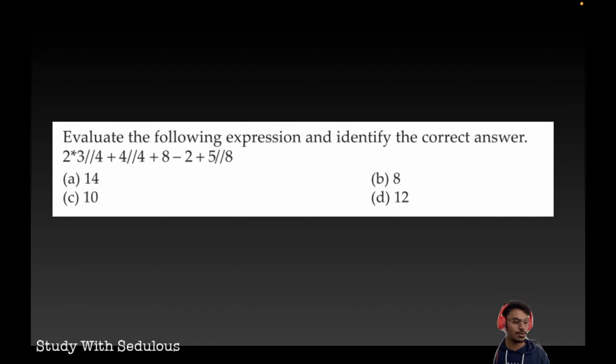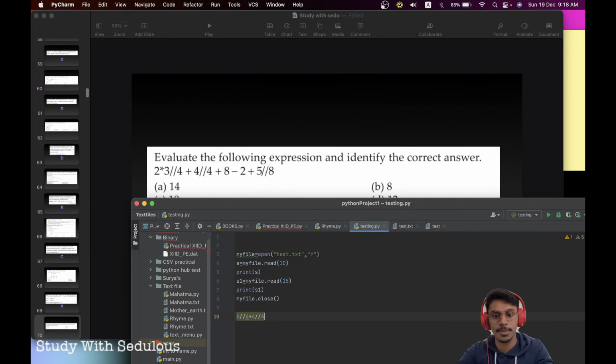Yeah, here. 2 into 3 would be the highest power. 6 divided by 4 plus 4 divided by 4 plus 8 minus 2 plus 5 divided by 8.